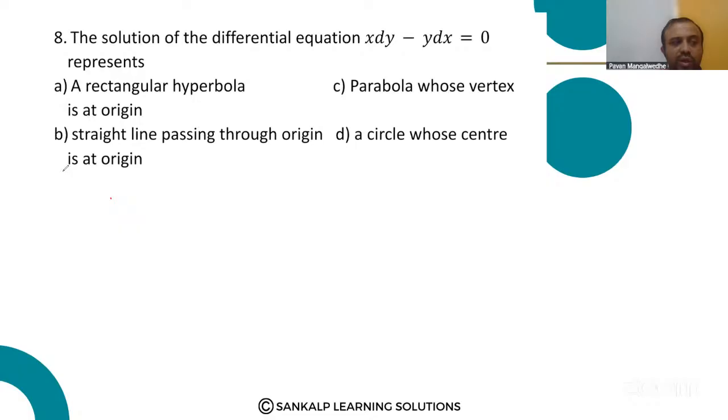So just try to analyze and give the answer for this. We have x into dy minus y into dx, which is equals to 0.